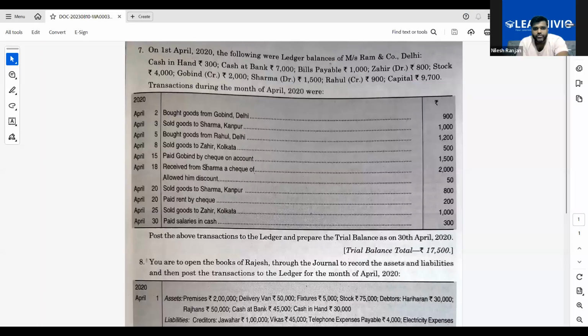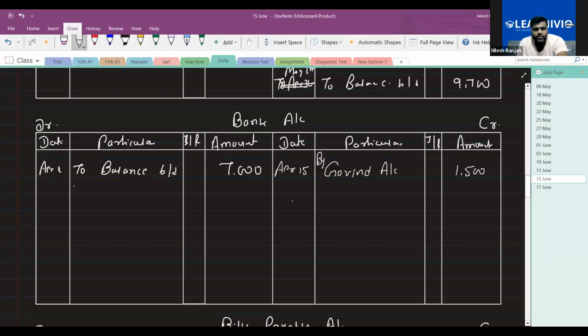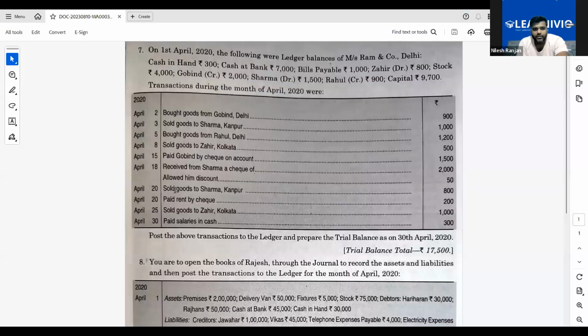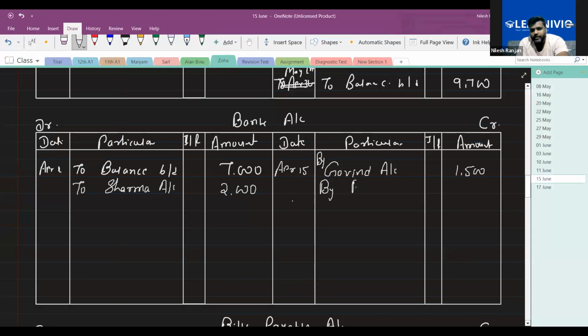Then after that, received from Sharma a check of 2000 and allowed him discount. So from Sharma we have received a check, so the money will be deposited in the bank. So 2000. Then sold goods to Sharma, paid rent by check 200, again by rent 200.